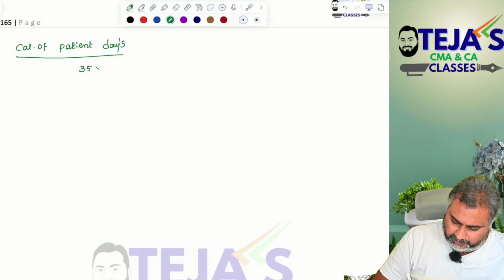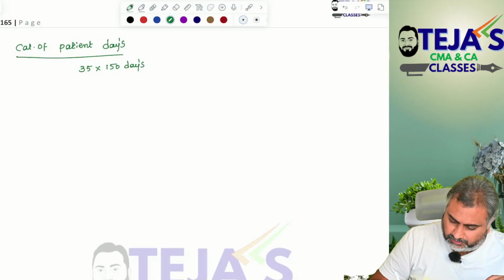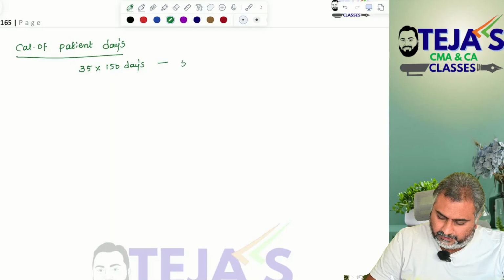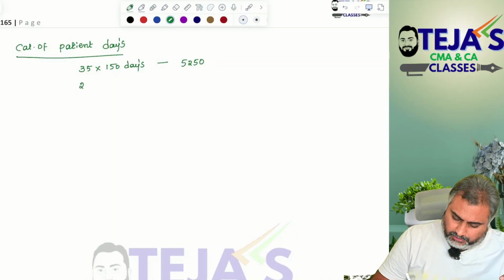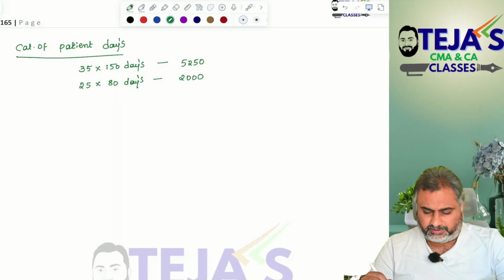We are occupying 35 beds for how many days? 150 days. Then what is the patient days occupied by the concerned patients? 5250. And 25 beds we are occupying for how many days? 80 days. That is equal to 2000 patient days occupied by the patients.